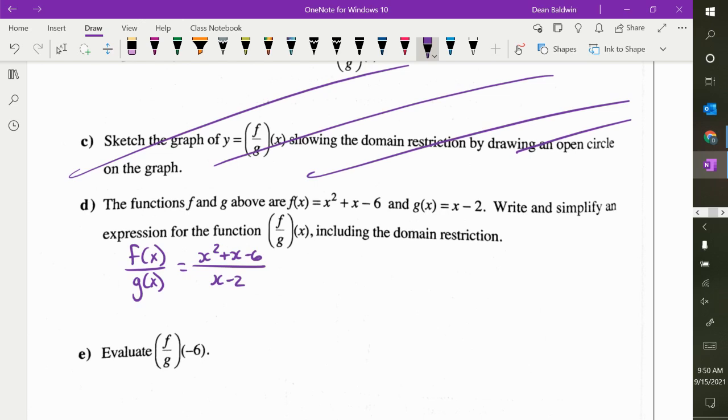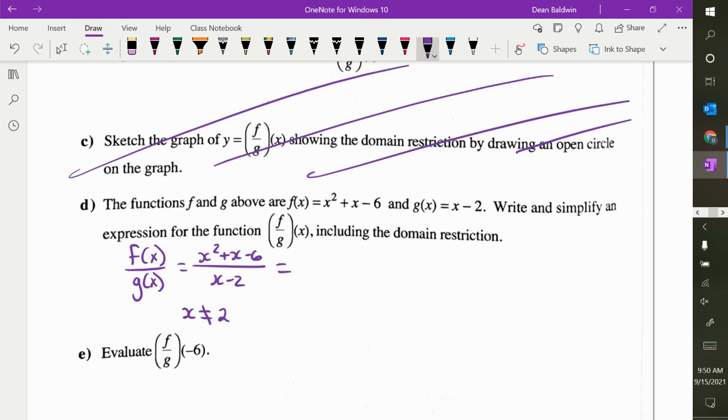We don't do that anymore. We just call them domain restrictions. So we just say x with a little equal sign and a slash through it. So x cannot equal 2, because it's what makes the denominator 0. Okay, so you wrote NPV equals 2.